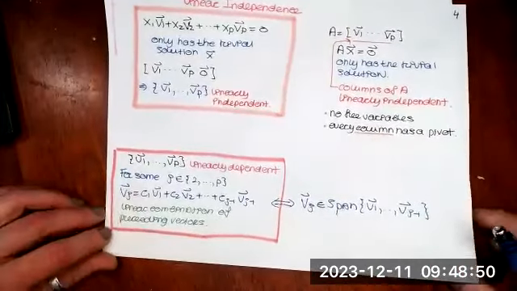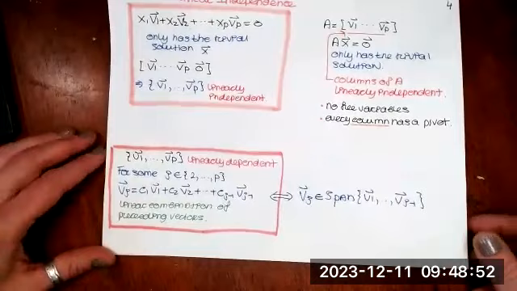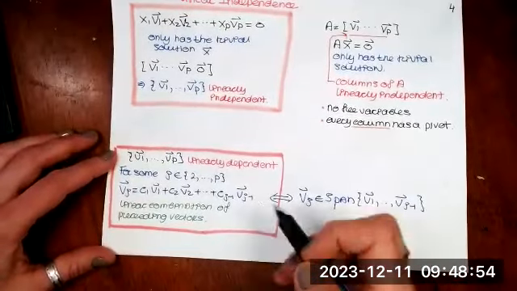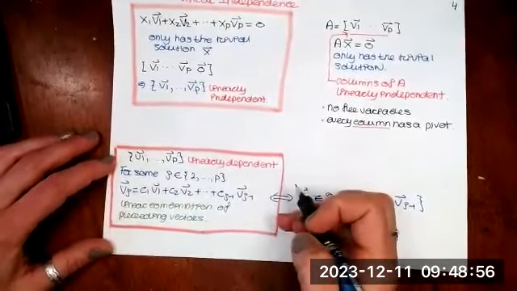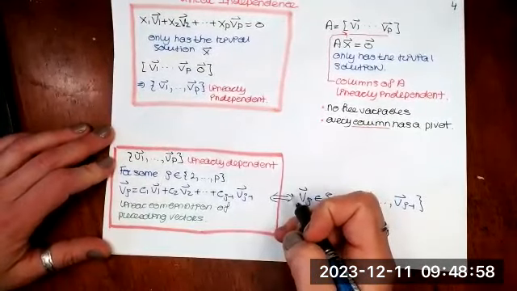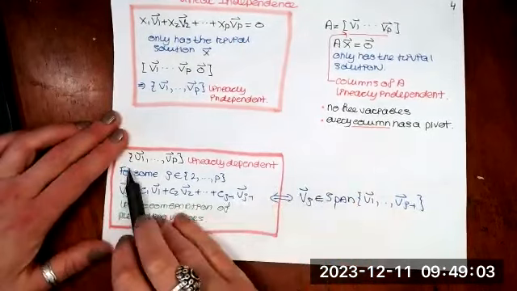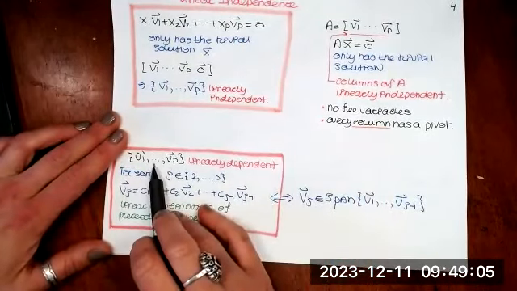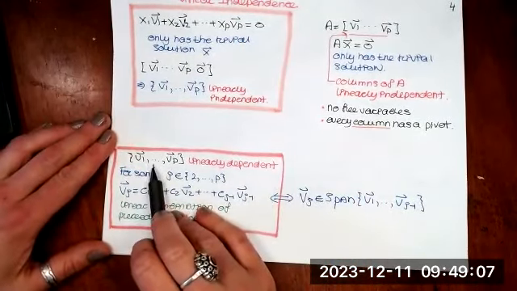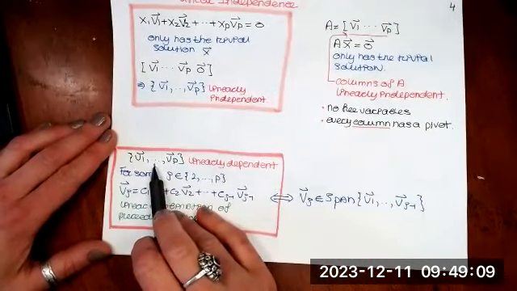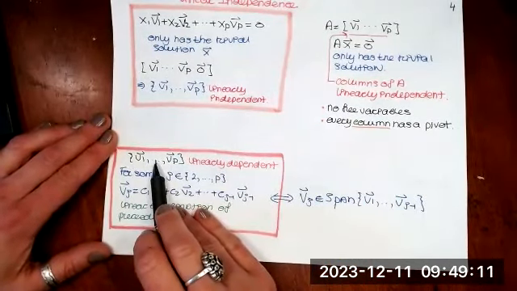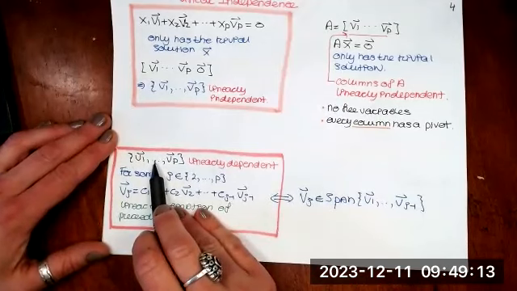All right. What else do we have here? You also have these theorems that if I do have a linearly dependent set, that means there is some vector somewhere in this set. It could be one vector, it could be more than one vector, but it's at least one vector somewhere in the set that makes everything linearly dependent.